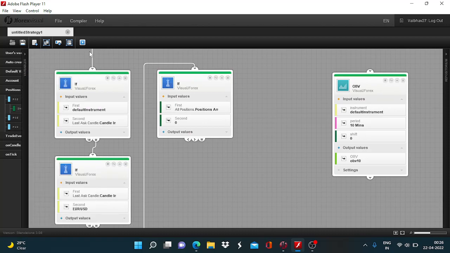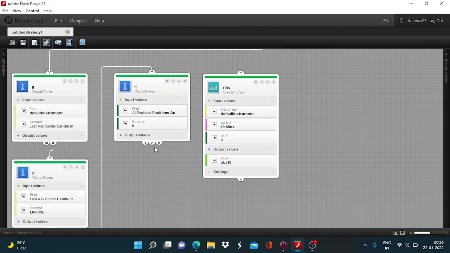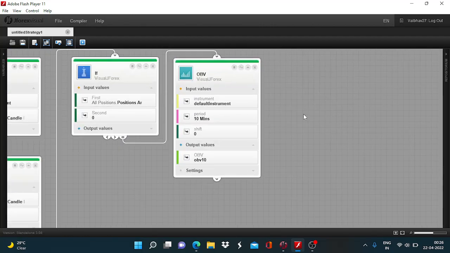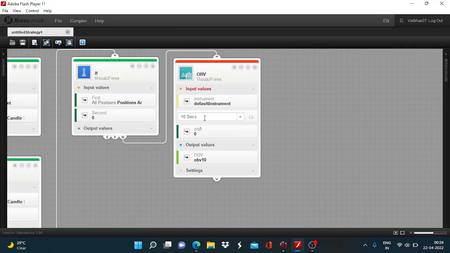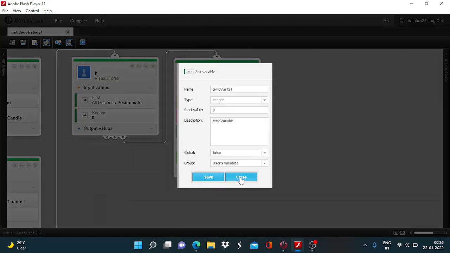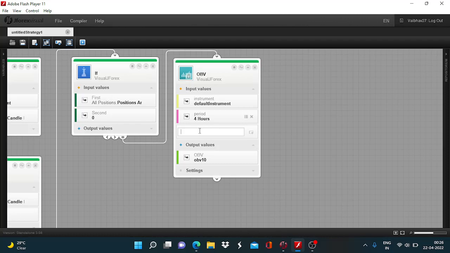Only if there is no existing order in the system, a new order will be placed. This I will change to 4 hours, and this will be changed to 1.